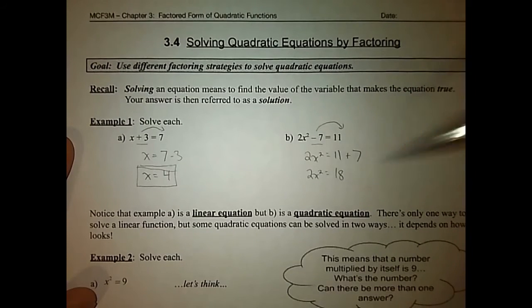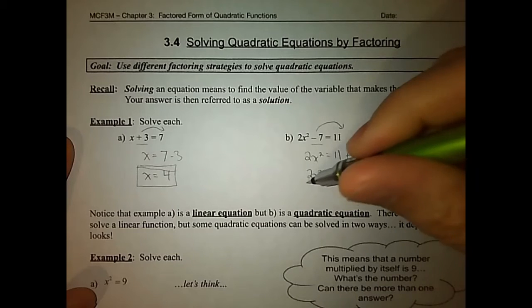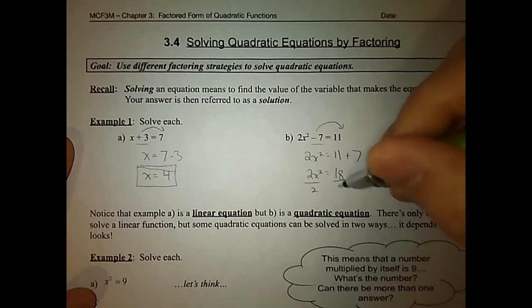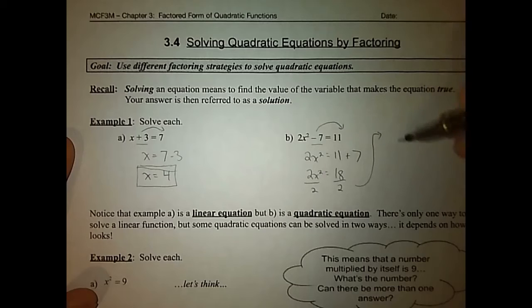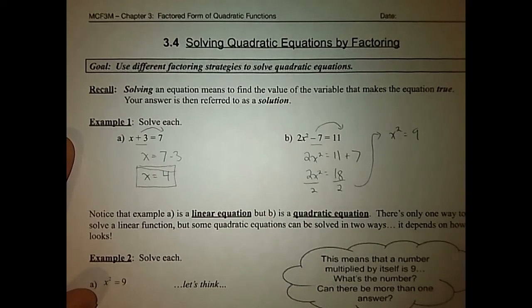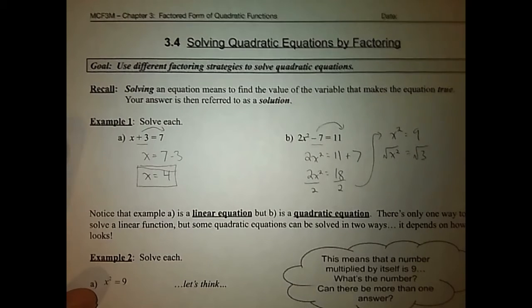I want to start getting the x by itself, so I'm going to divide both sides by 2. I'm left with x squared is equal to 9. Then I can take the square root of both sides because the opposite of squared is just square root. Oops, I got a little bit ahead of myself.